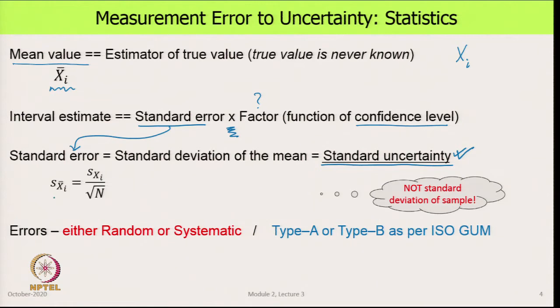And this is the standard uncertainty, which is standard deviation of the mean, S x i bar, that is the mean, which is S x i upon square root n, where the numerator is the standard deviation of the sample, and n is the sample size or number of measurements in a sample.